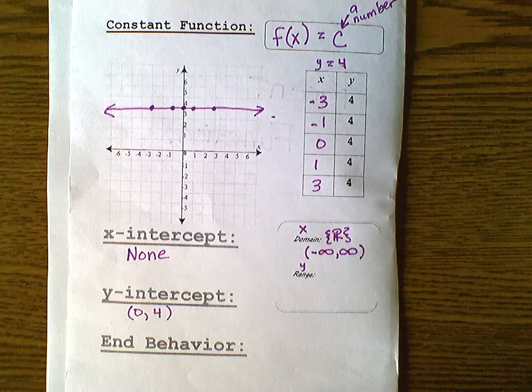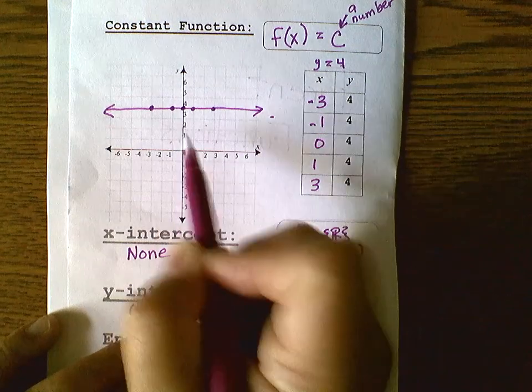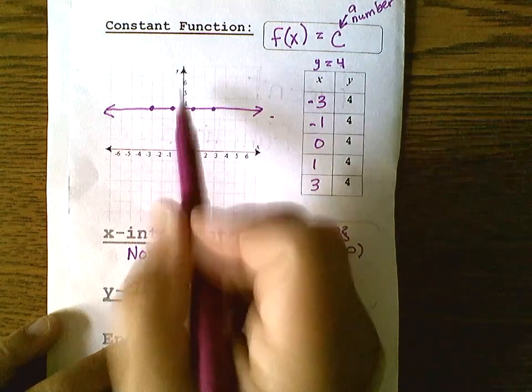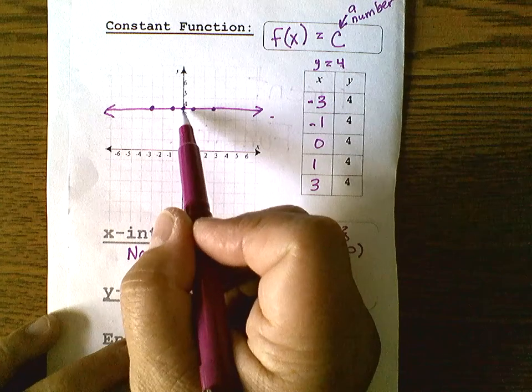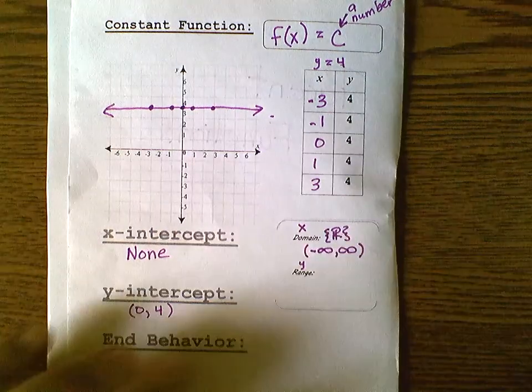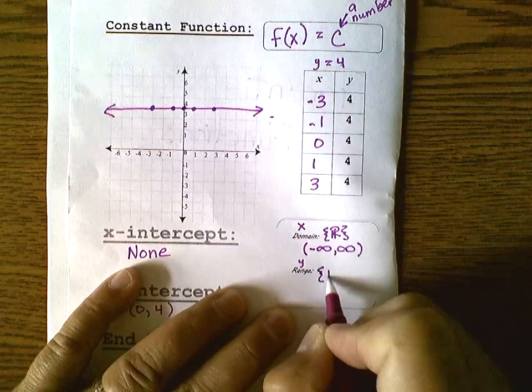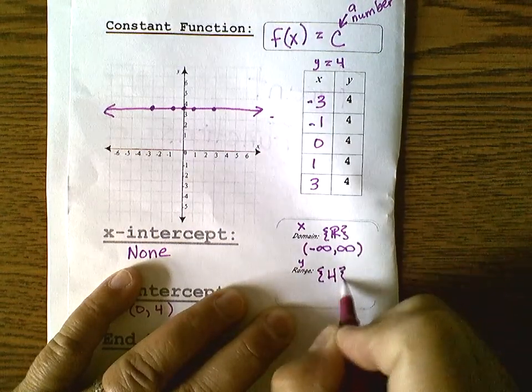So if we look at the range, well, how far down does it go and how far up? Our y values go up and down. So how far down does it go? 4. How far up does it go? 4. So in set notation, our range is {4}.